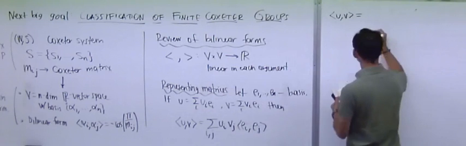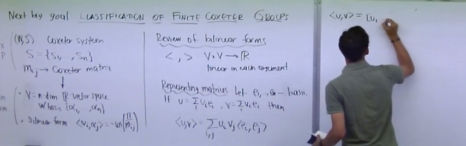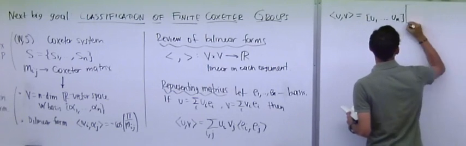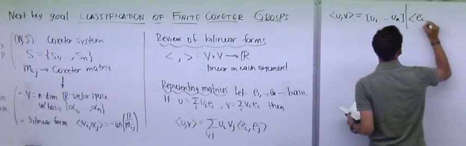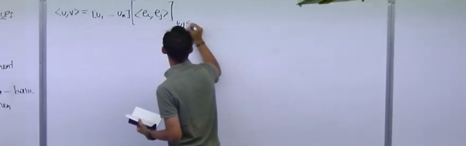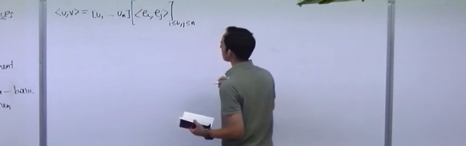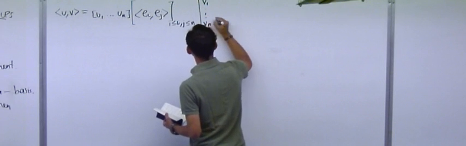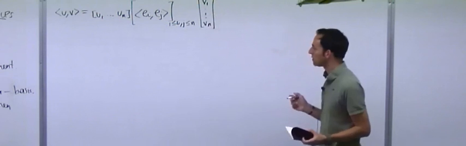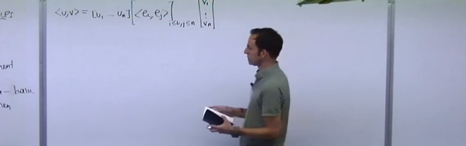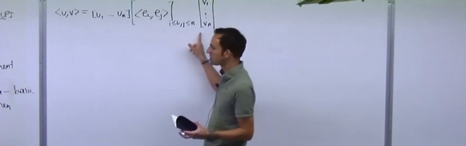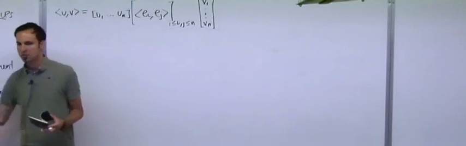This is the multiplication of the matrices u1 up to un, which is a row matrix, then a square matrix, which looks like this, where i and j range from 1 to n, and then a column matrix v1 up to vn. Okay. If you don't see this right away, just think about what it means to multiply this times this times this, and you'll see that it gives you a number, and it's exactly this number that you get.